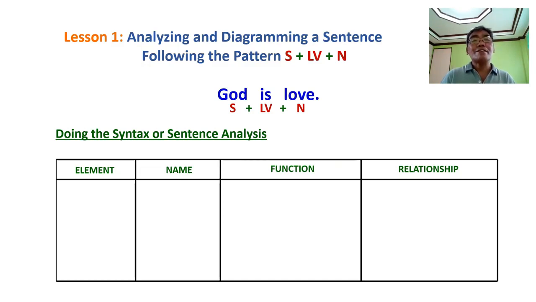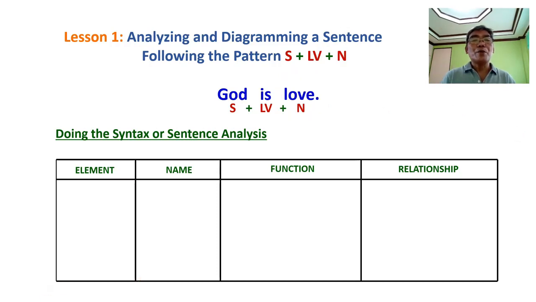The last step is dividing this grid into rows. The number of rows to come after the first row is determined by the number of words comprising our sentence. There are only three words in our sentence. The first word is God, the second word is, and the third word is love.